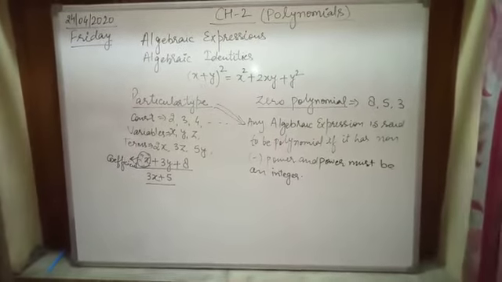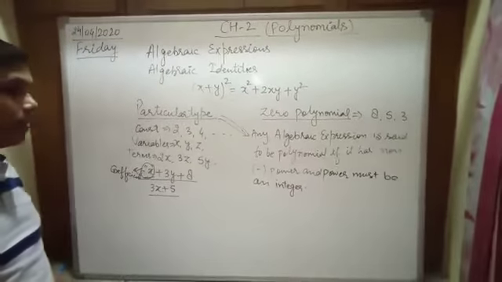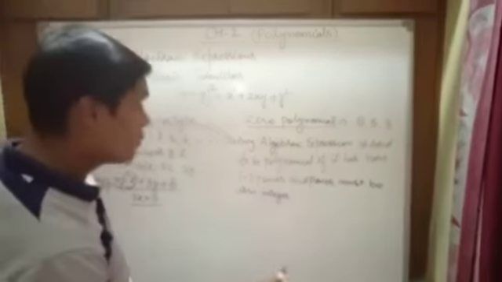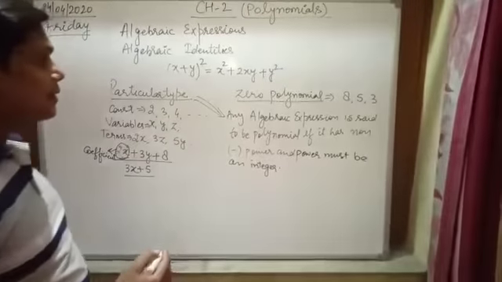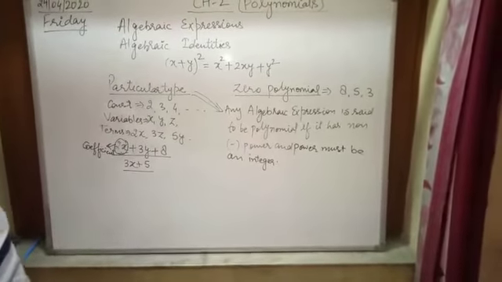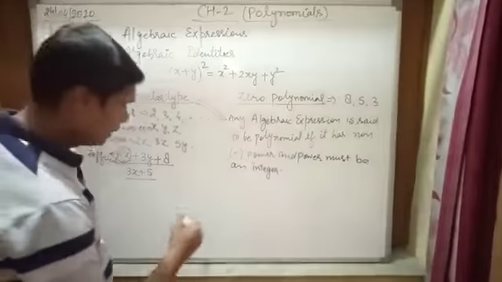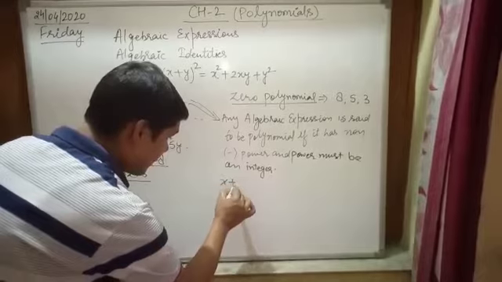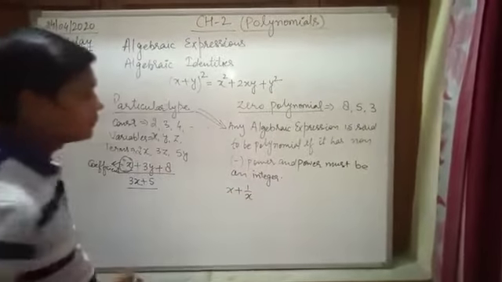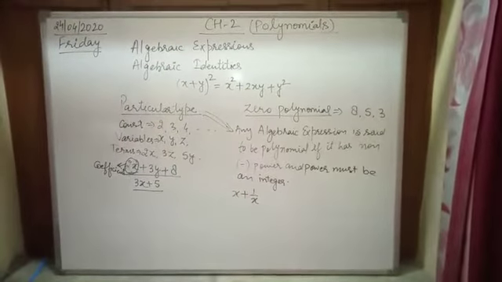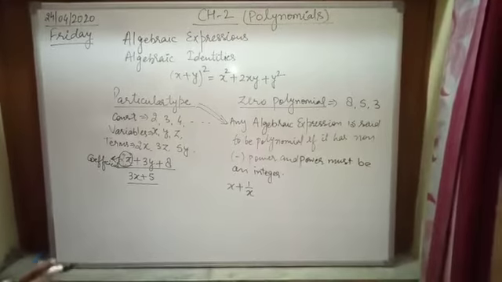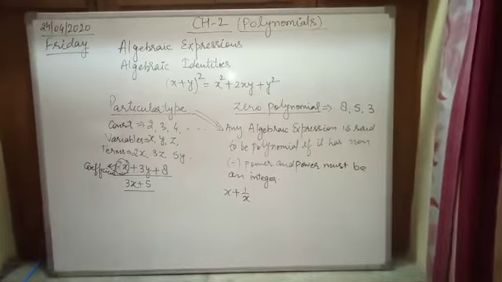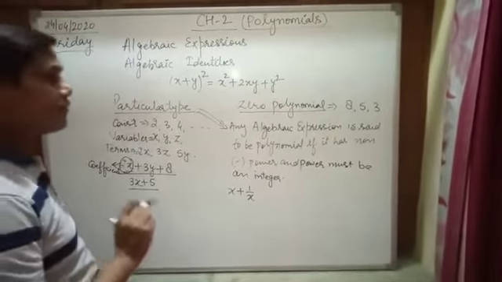Now we check from some examples whether this is an algebraic expression or a polynomial. Let us take x plus 1 by x. Firstly, we check whether this is a polynomial or algebraic expression according to our definition.